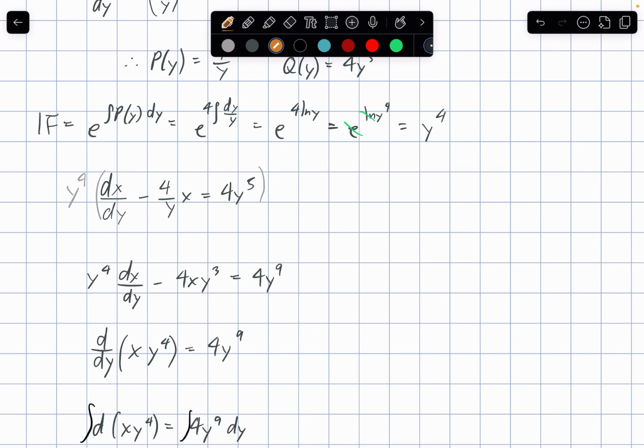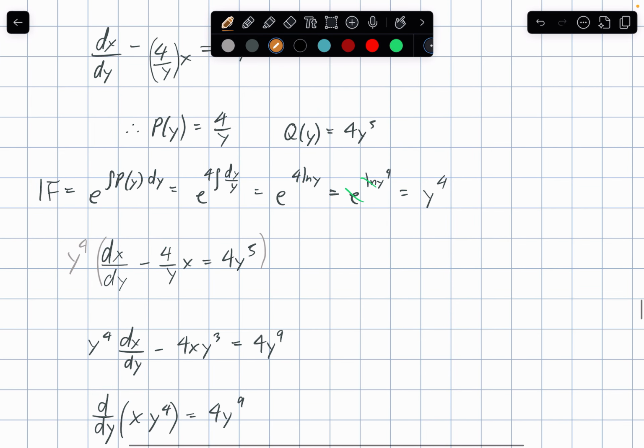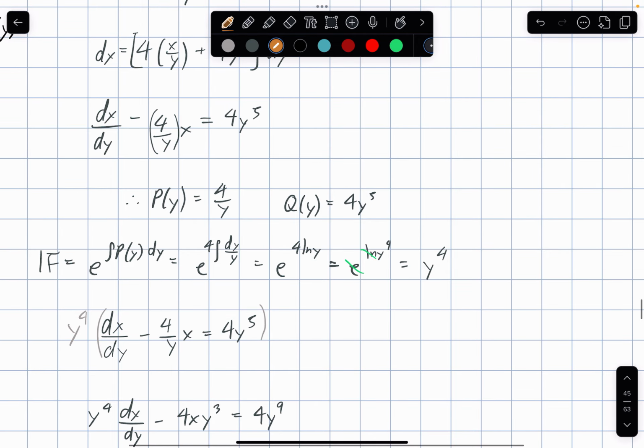The integrating factor. Wait a minute. What is our p of y?